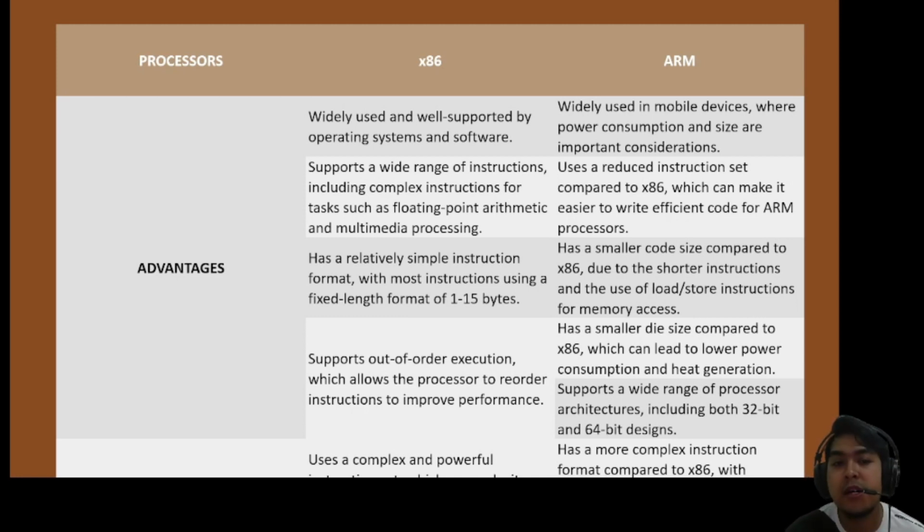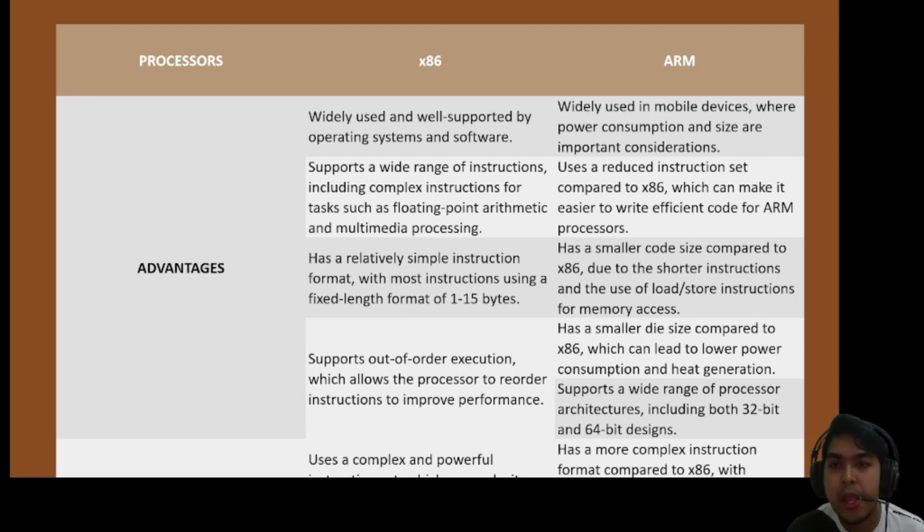X86 also has a relatively simple instruction format, with most instructions using a variable length format of 1 to 15 bytes. Lastly, X86 also supports out of order execution, which allows the processor to reorder instructions to improve performance.